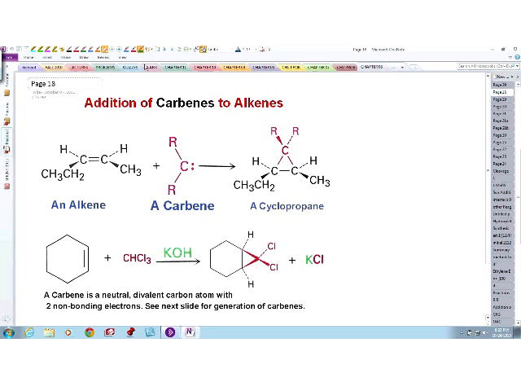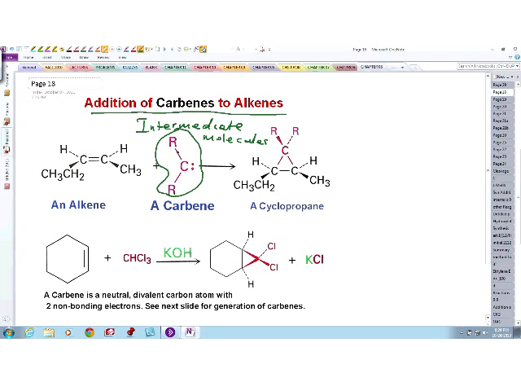Okay. Another type of reaction we want to discuss is addition of carbenes to alkenes. Now, carbenes are intermediate molecules in which you have a pair of non-bonding electrons on carbon, and that carbon is only attached to two other atoms.